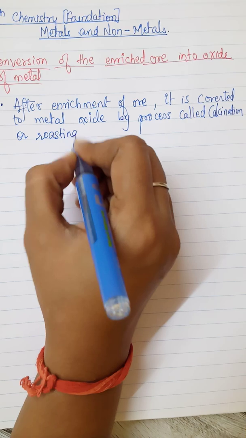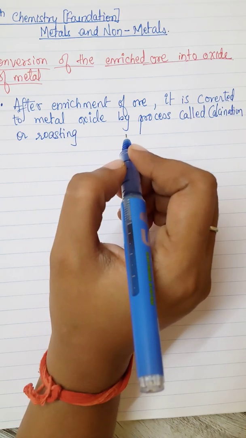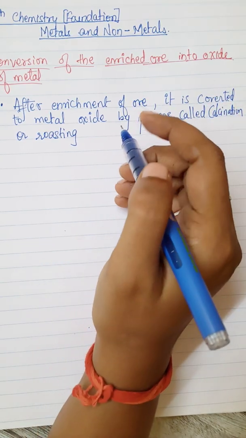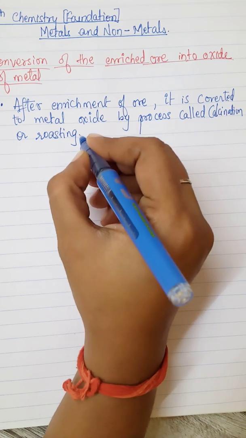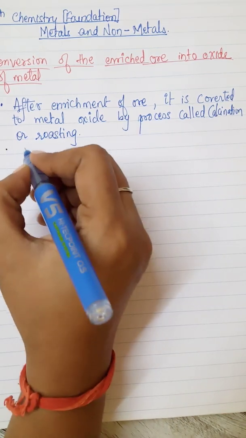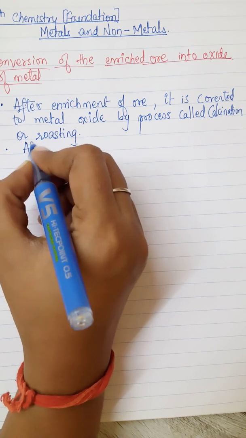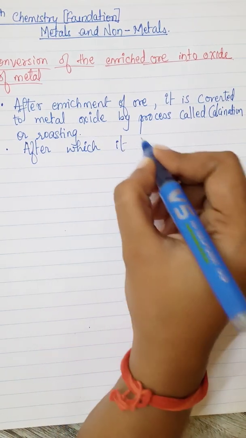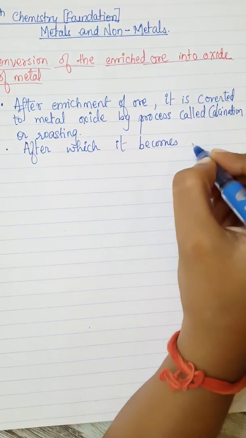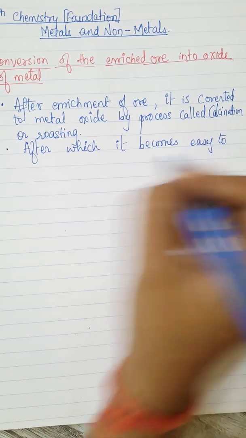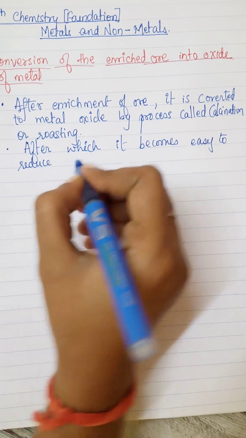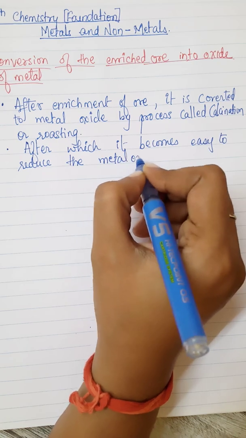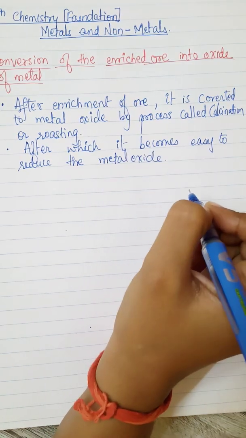Here we are using sulphide and carbonate ores. So we do roasting and calcination, after which it becomes easy to reduce the metal oxide. So this is what we are doing.